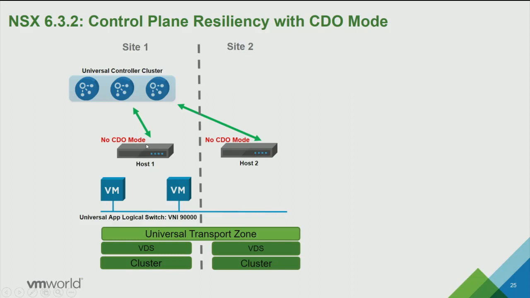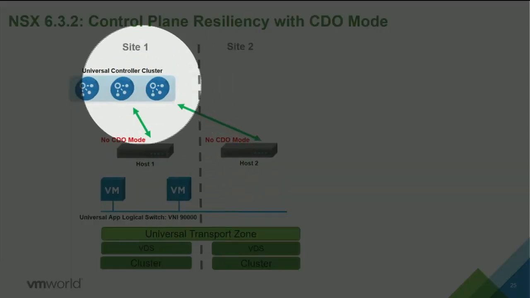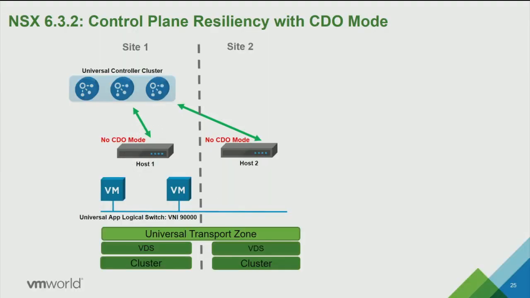This logical switch is just a VXLAN, and it has a termination point called the VXLAN tunnel endpoint, VTEP. Every host has a VTEP. So when this workload comes up, the controller cluster is notified that this VM sits on this logical switch on this host behind this VTEP. So now when this VM on the left wants to communicate with this VM on the right, host 1 gets that information from the controllers, and the communication works fine.